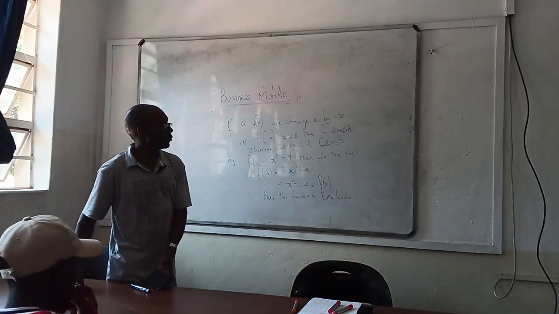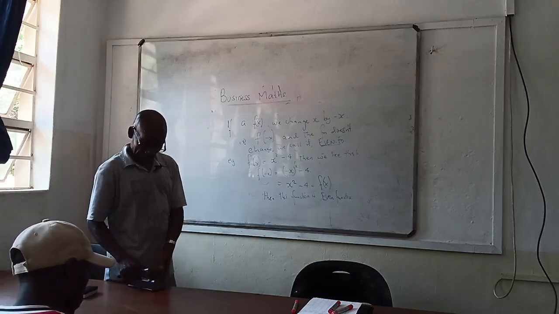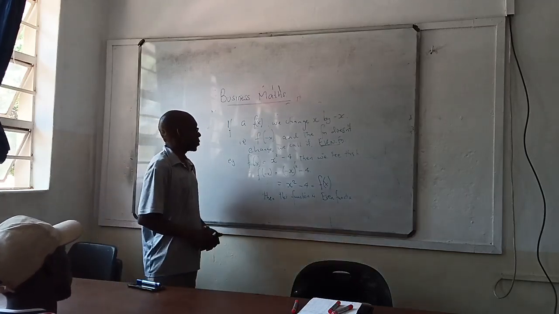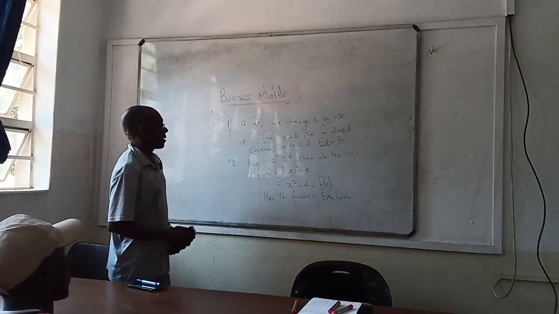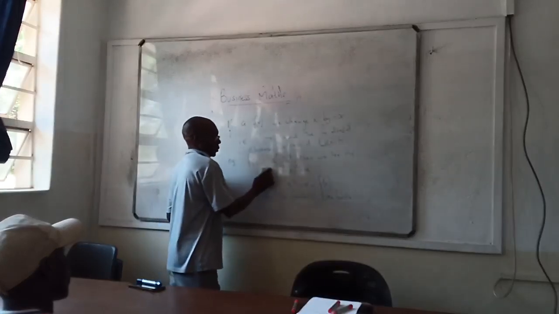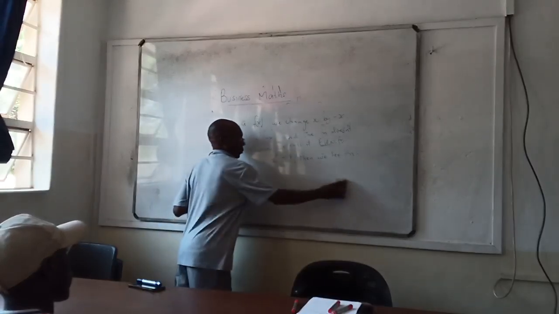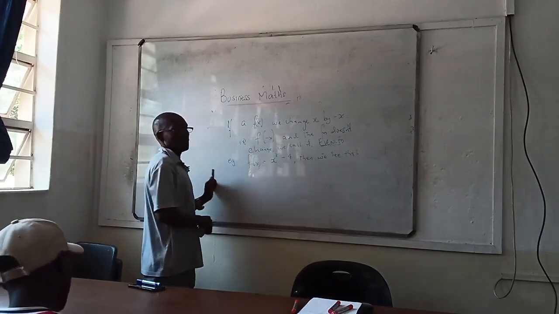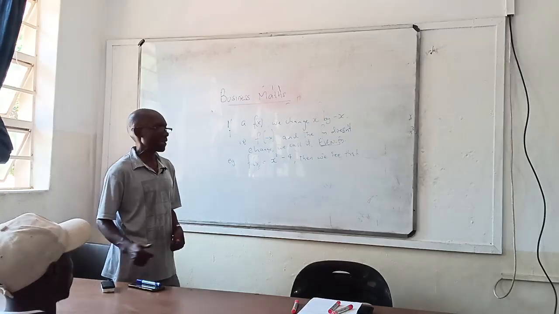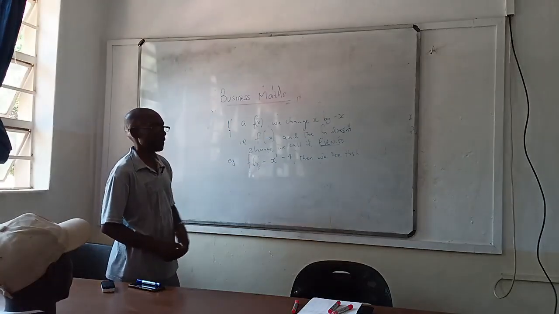Very good. I like that. What it means is that we wanted to show that this is an even function. An even function is a function that, whatever you do, it will go back. The function is this one.